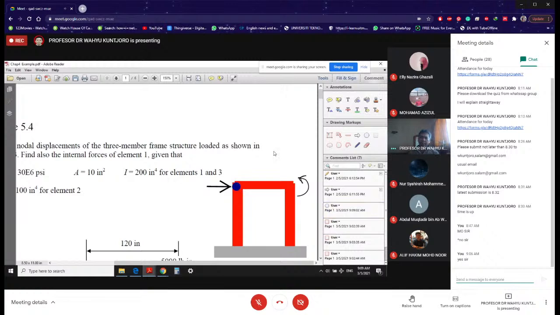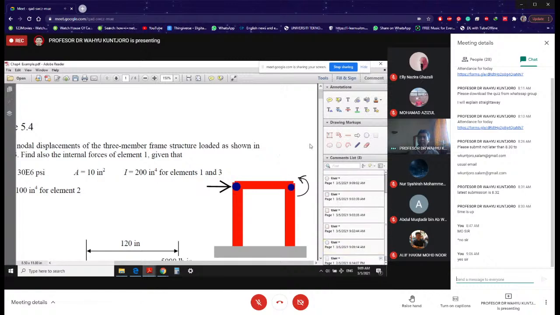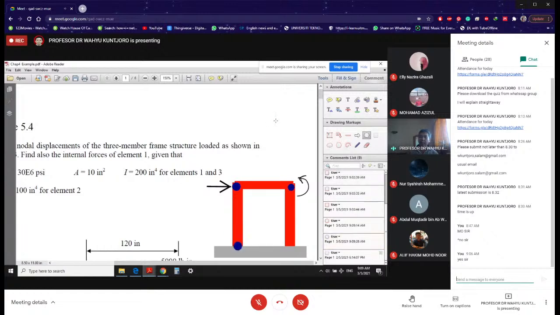And you will have another node at this location because you have the applied bending moment over here. You need nodes at the supports, so you will have one over here and also another one over there.